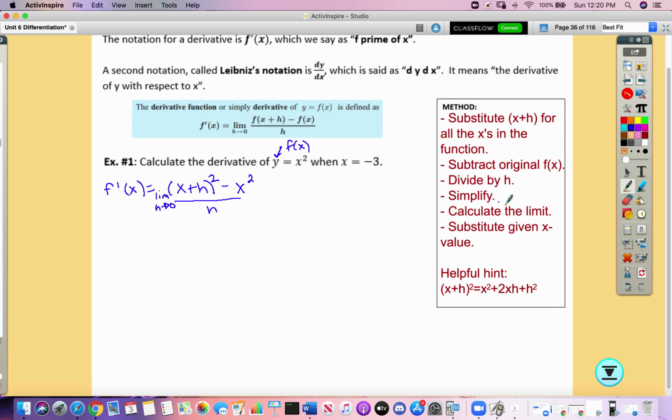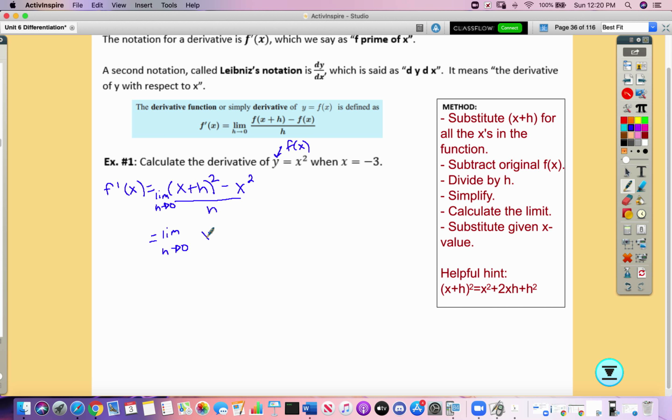Now it's time to simplify. So (x plus h) squared is going to pop up a lot, and it might just be easier if you know that (x plus h) squared expanded out is x squared plus 2xh plus h squared. You can use the distributive property if you want to double check me and make sure that I'm right, but I'm pretty sure I'm right. So this will just save you time if you just expand it out using this.